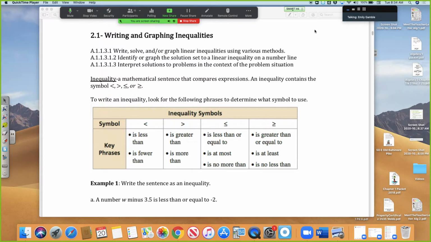All right, so today we're going to be starting section 2.1, writing and graphing inequalities. I know yesterday I went over quickly the four inequalities that we're going to be seeing, the four symbols, and they're here.